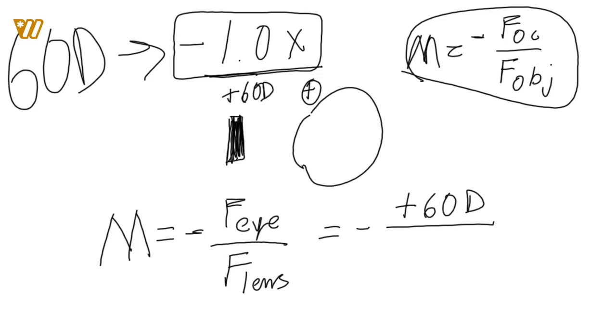Well, if we plug in our fundus lens, then we plug in plus 60 diopters here as well for our fundus lens, and that's how we get a -1 magnification with a 60 diopter lens.